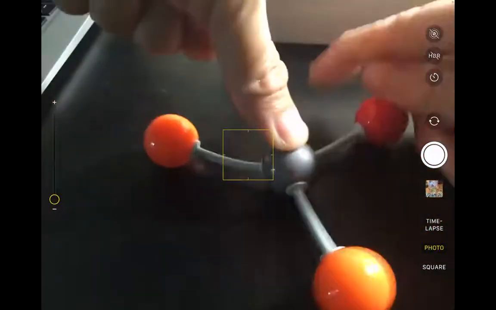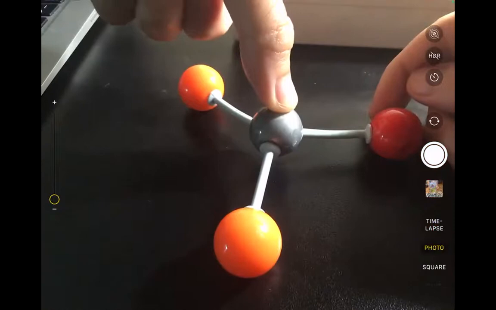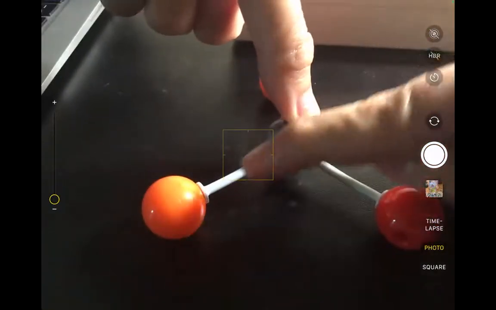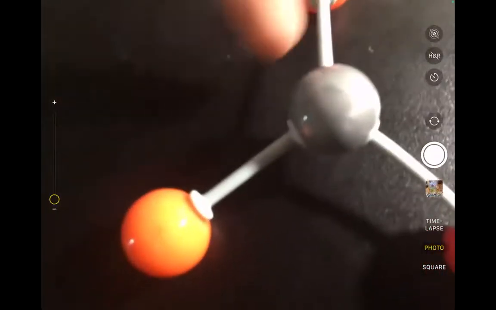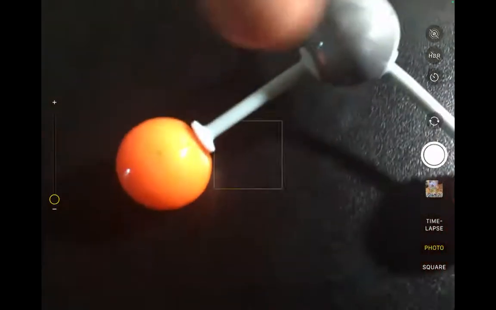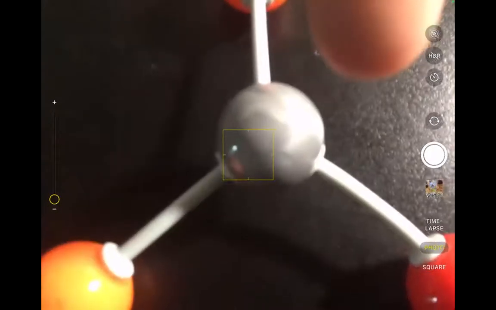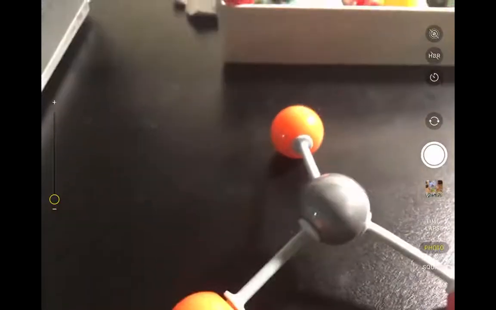I know that I'm kind of fudging the normal shape of this, but trigonal planar is supposed to be flat. So there's 3 sides and it's 120. If I look from the top down, this bond angle is 120, this bond angle is 120, this bond angle here is also 120. Okay.